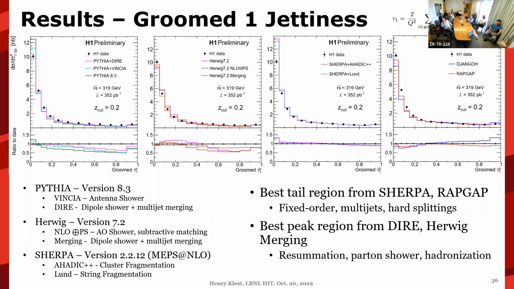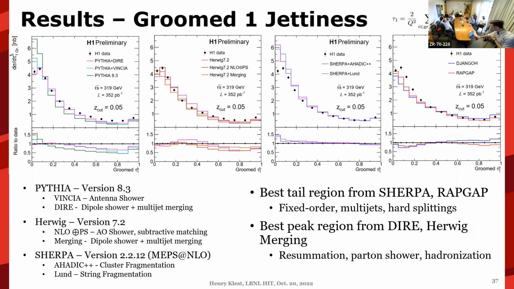We have HERWIG, a lot of them tend to kind of undershoot the order alpha S hard dijet event region. Sherpa kind of interestingly describes almost the whole distribution quite well, but then in the peak, has a very, very significant deviation.